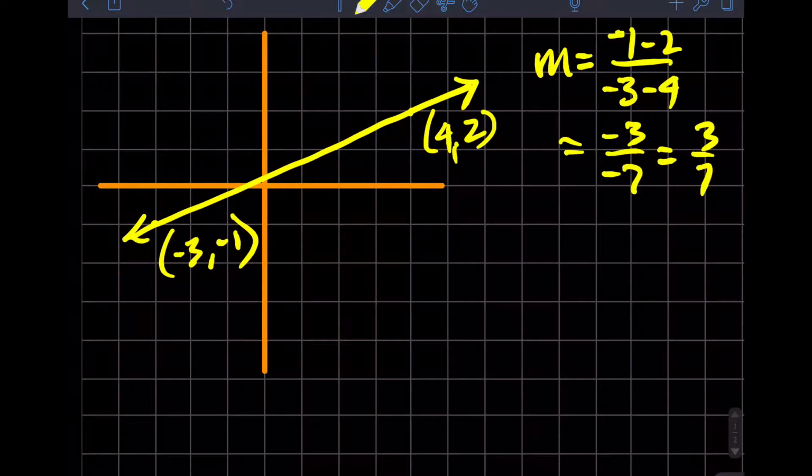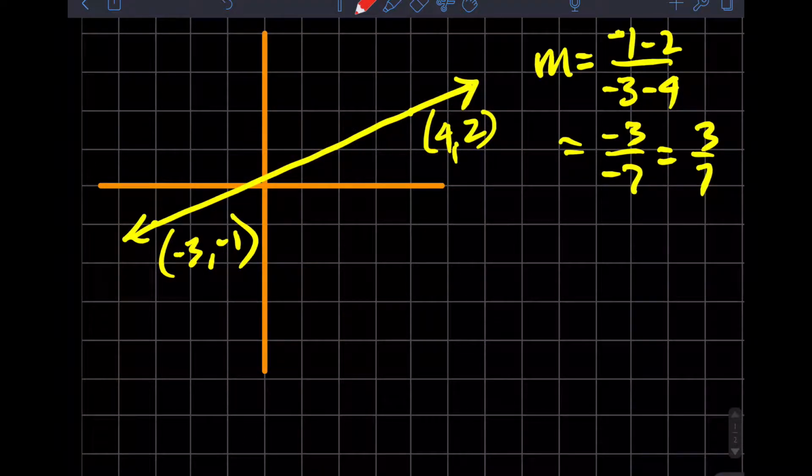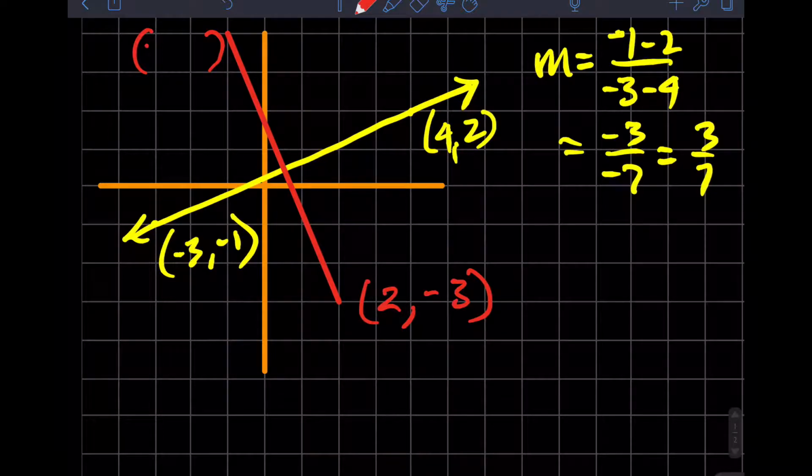Now, if I had a line that was perpendicular to it, let's say this line here, it would have the following points. Let's hope this works. 2, -3, and then this point up here is going to be -1, 4. And let's find the slope of this line.